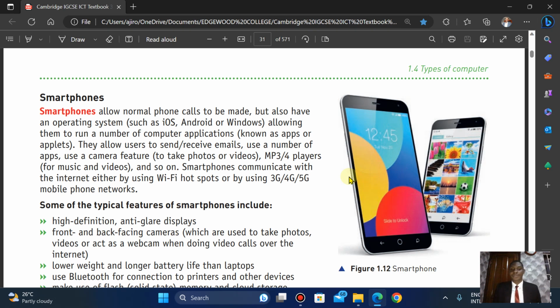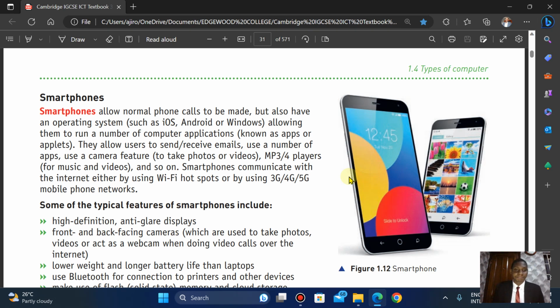They allow users to send and receive emails, use a number of apps, and use the camera features, taking pictures and videos for occasions, to bring up memories and so on.